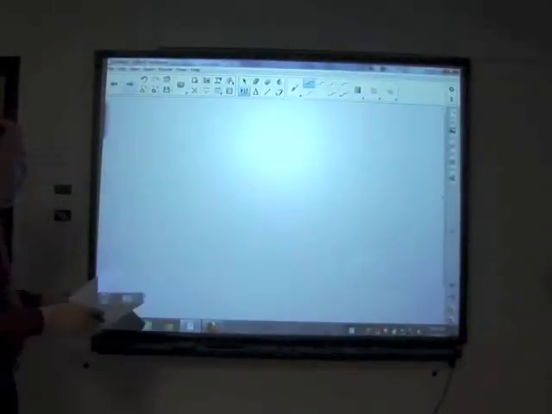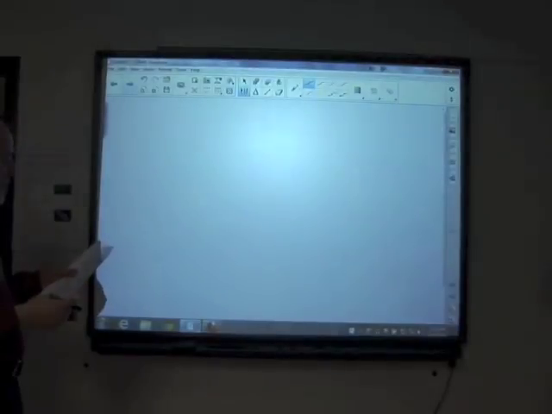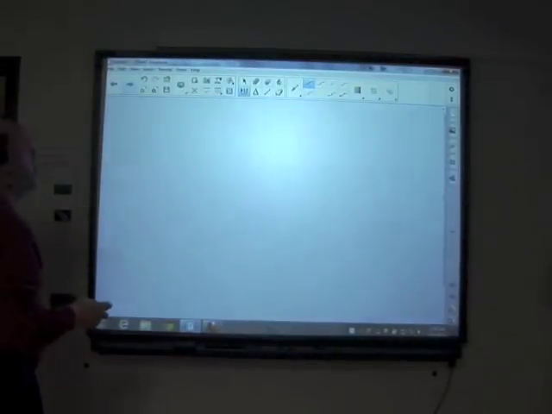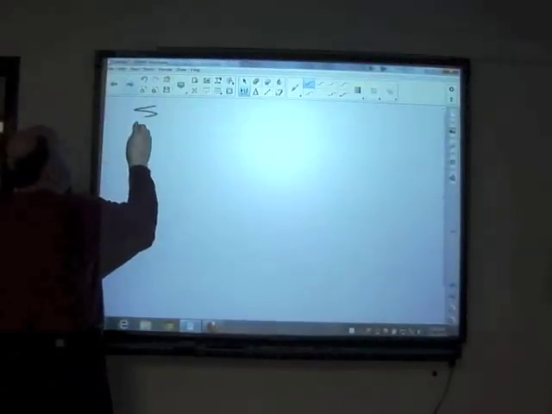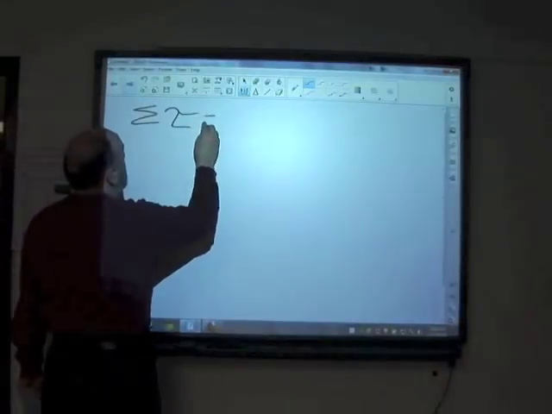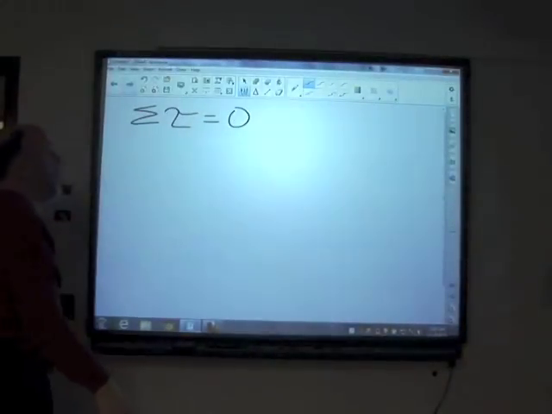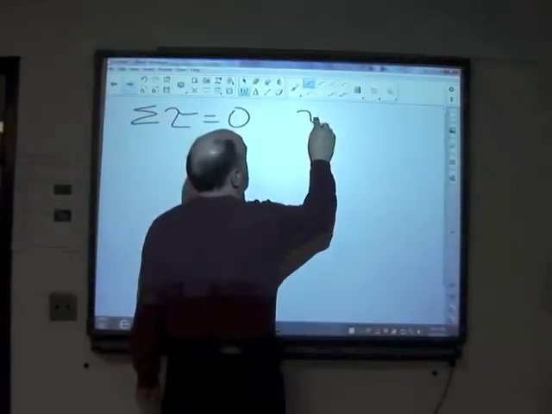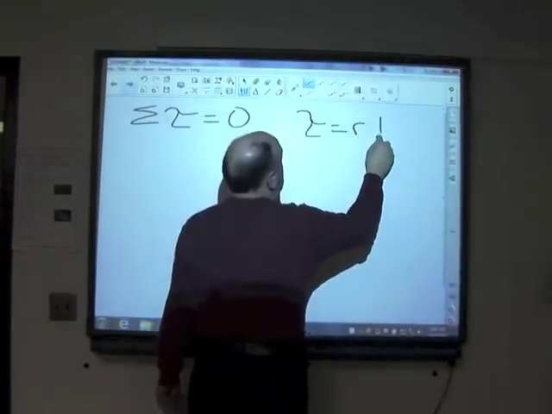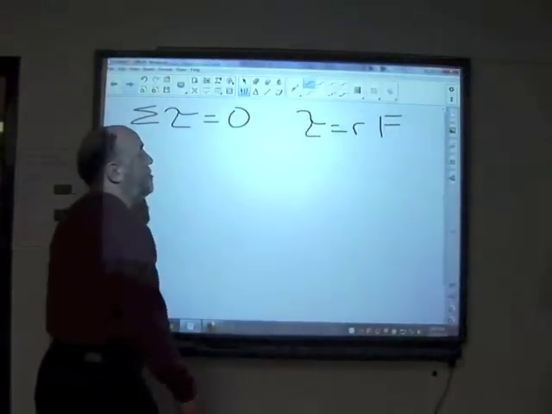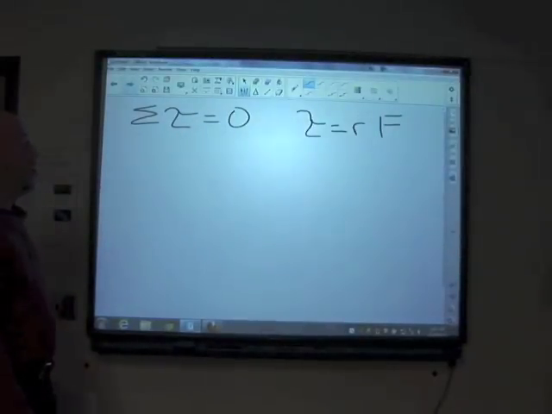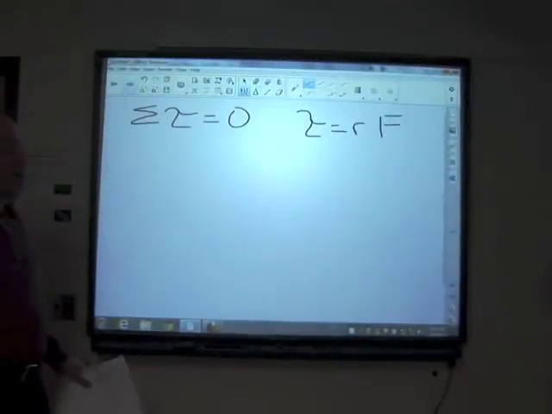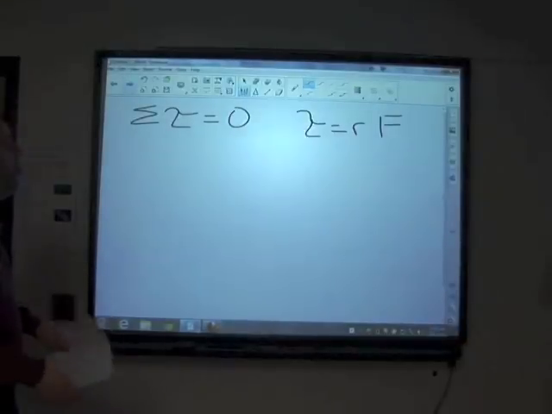So we're going to have to look and observe what's happening here. Right? And again, the sum of the torques has to equal 0. And remember that torque was given by r times F, where r is the distance from the pivot point and F is the force.